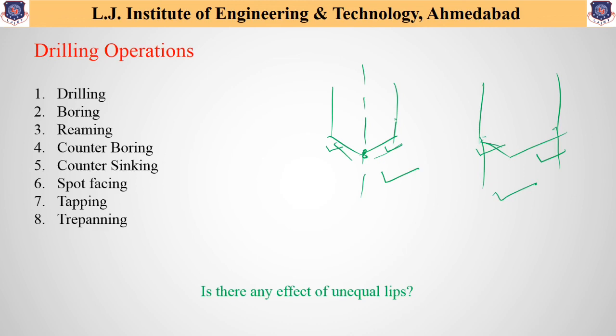And if the length of one lip is less than the other or broken, then it indicates an incorrect operation. So this unequal lip needs to be avoided during machining operation. So for proper drilling operation, equal length lips must be maintained during drilling operations.